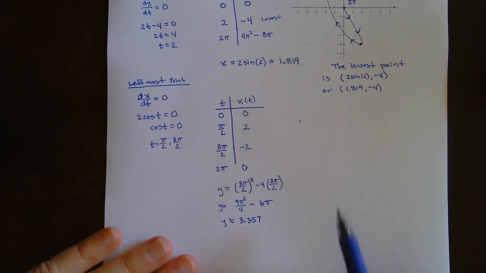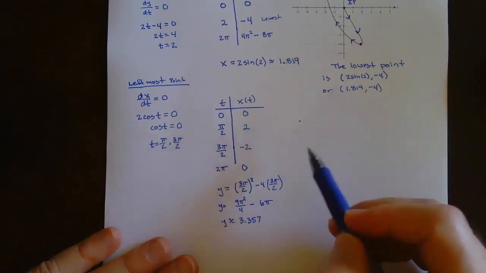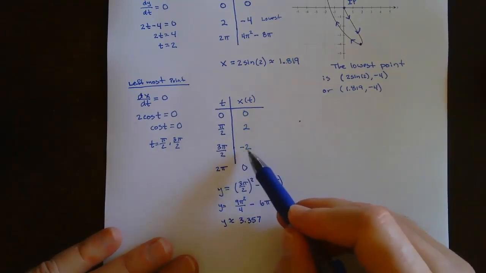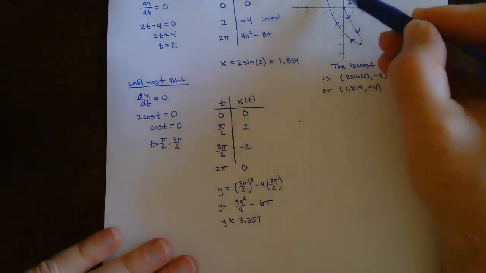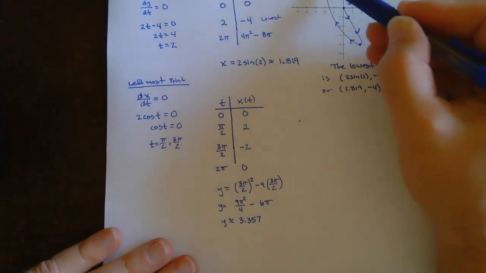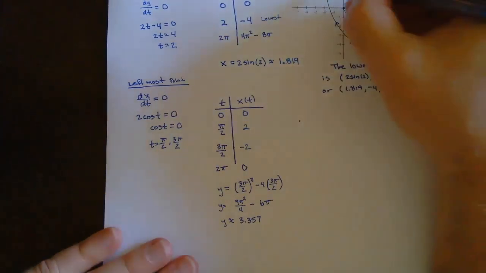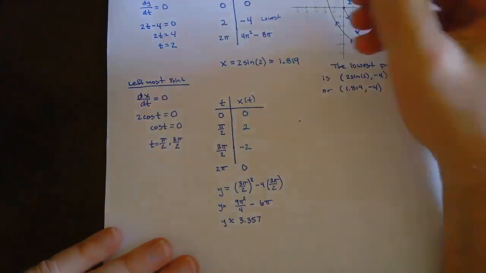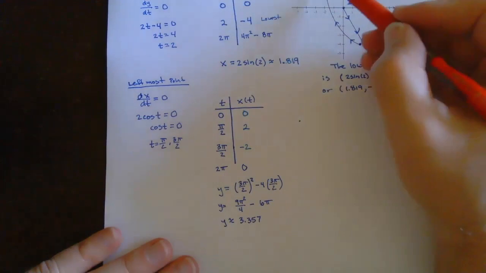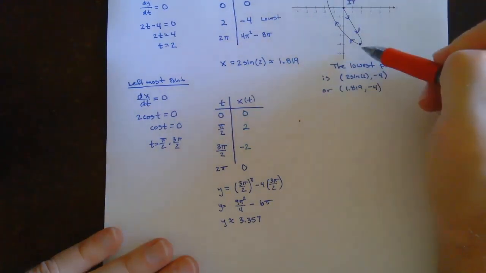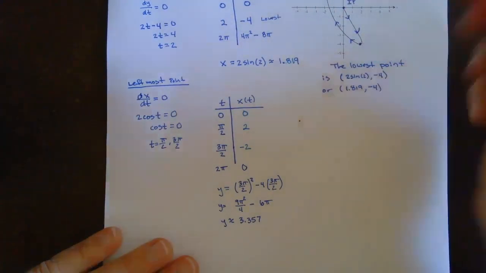And the x coordinate would be negative 2. So it is happening at negative 2, and it's 3.3. So it's really a little bit above this 3, right about here. Let me use another color. It's actually right about where I put that arrow. So that's the leftmost point, and this is the lowest point.